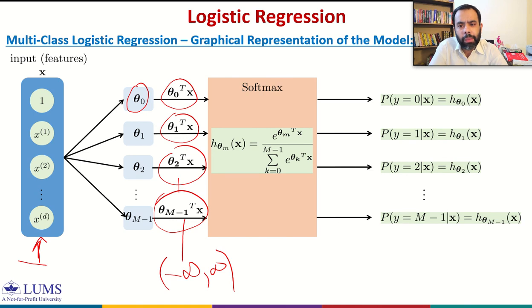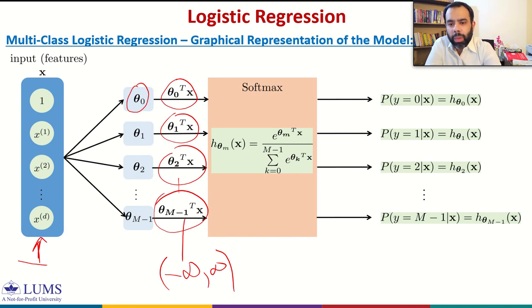Why did we use sigmoid? To squish the values which were from minus infinity to infinity, so that after the sigmoid you get values between 0 and 1, a probability measure. Here the softmax is doing the same thing.